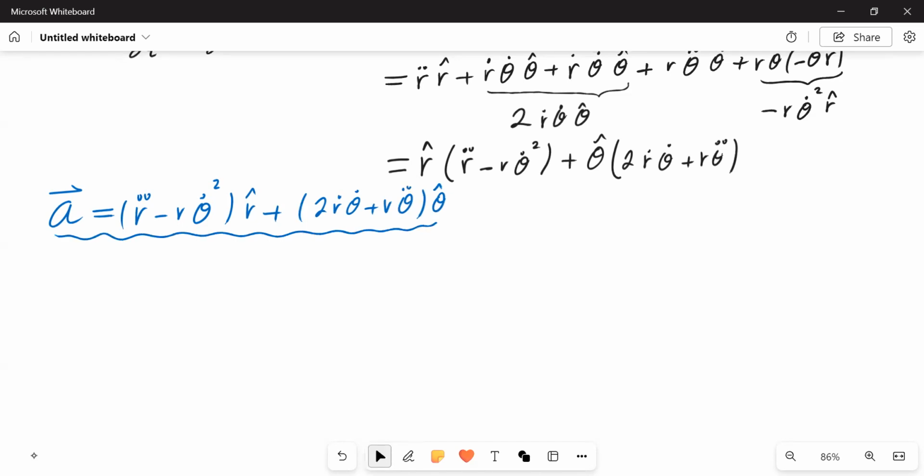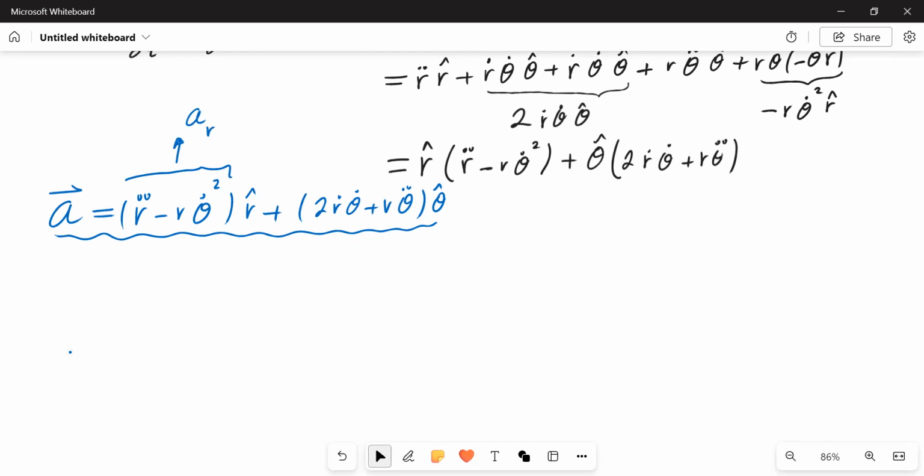All right. Now, just as we did in the velocity vector, here, the radial component of the acceleration, we usually show it by a sub r. It's the radial component of acceleration. It's the acceleration towards the center.